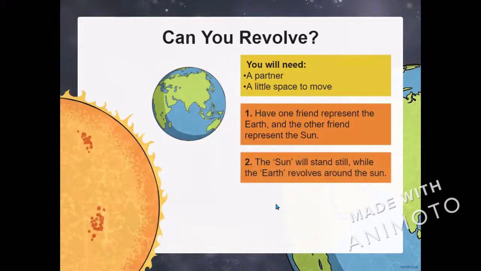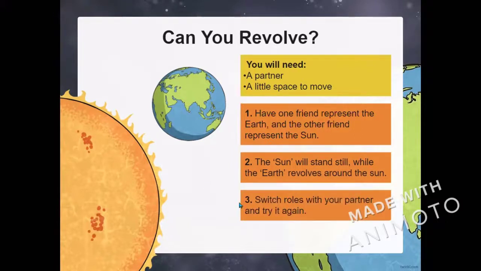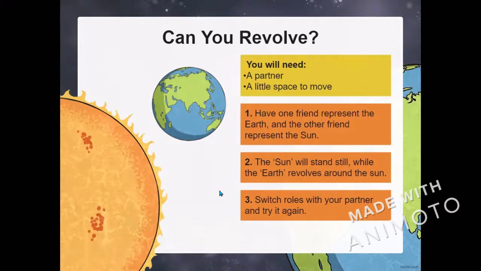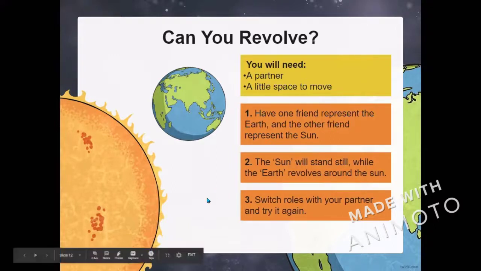The sun will stand still while earth revolves around the sun. And then switch roles with your partner and try it again. And when we see each other during our class, you will tell me how you felt doing this.